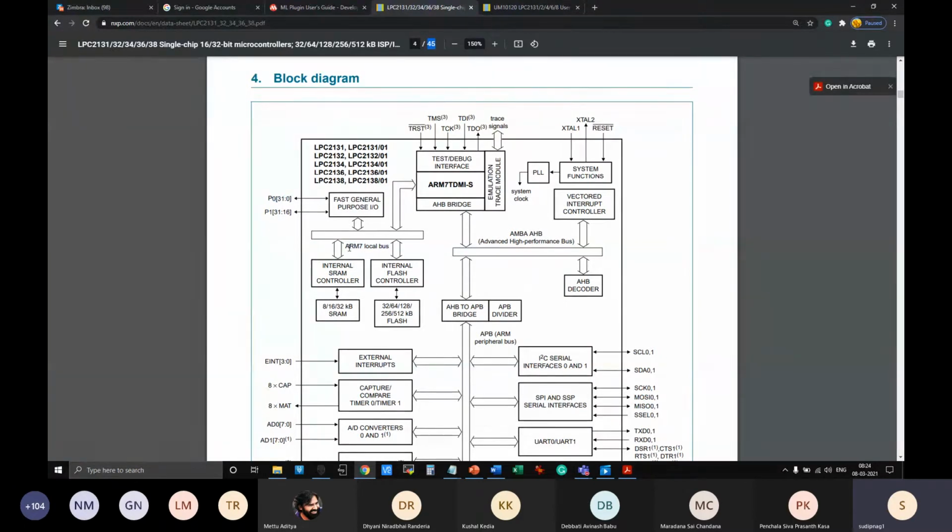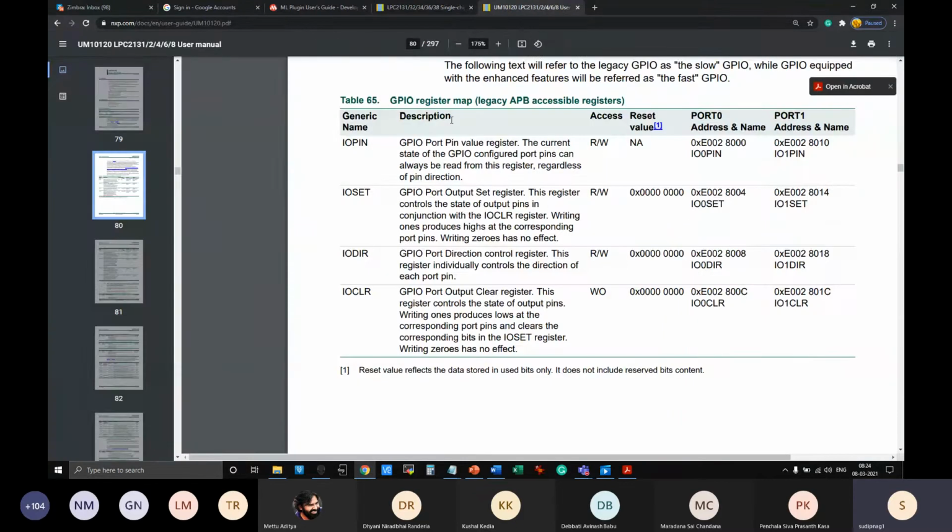The only difference is that if you access through APB, you have slightly more control, whereas if you access through ARM7 bus, you get lower latency but less flexibility. You get more flexibility or options to configure if you use APB. So if you configure and use these registers, it goes to APB only.